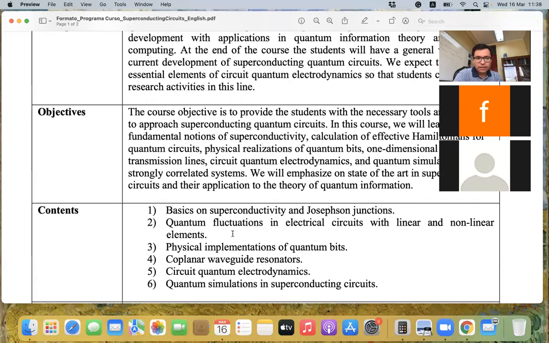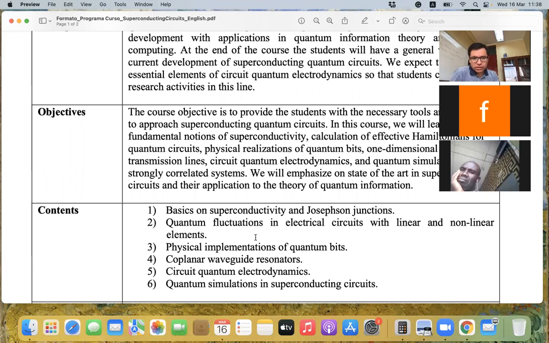Specifically, in this topic, I will teach you how to build the Lagrangian and the Hamiltonian for an electrical circuit. So I expect that you are familiar with a Hamiltonian description of a system. Indeed, we will start with the classical description first, and then quantize, of course.